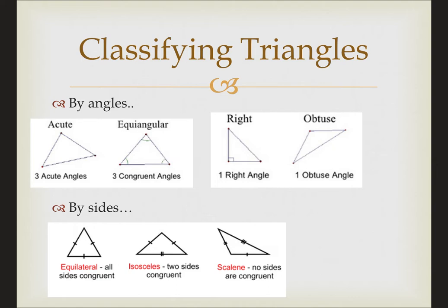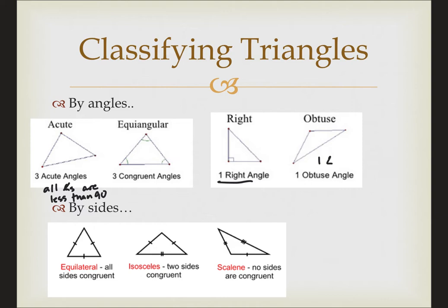Acute is talking about all angles are, that's an angle symbol, less than 90. With a right angle, you have one right angle. With a right triangle, you have one right angle. With an obtuse triangle, you have one obtuse angle.